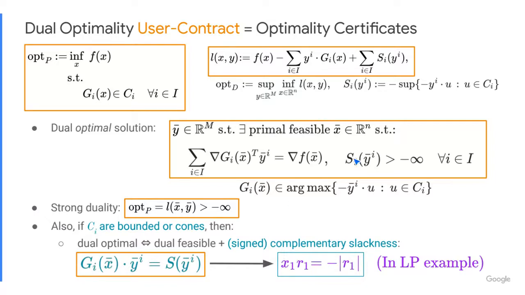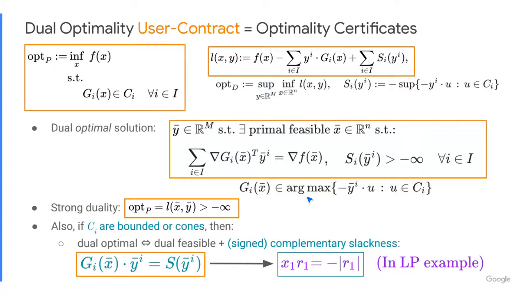And again, this function s becomes easy for conic optimization problems. It's basically 0 or infinity, which is going to make this constraint look like belonging to the dual cone, which is what you expect in conic optimization. And there are other frameworks that also follow naturally from this framework.